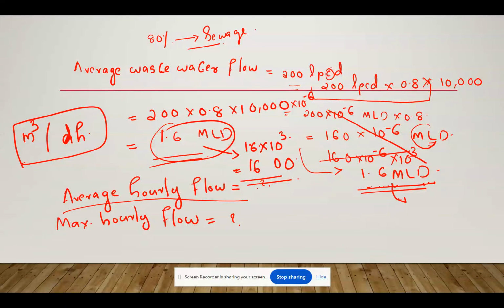So when you convert into hourly, that means you have to divide it by 24, right? Then for the maximum hourly flow, you have to take this hourly flow and multiply with the peak factor, right? So got it?